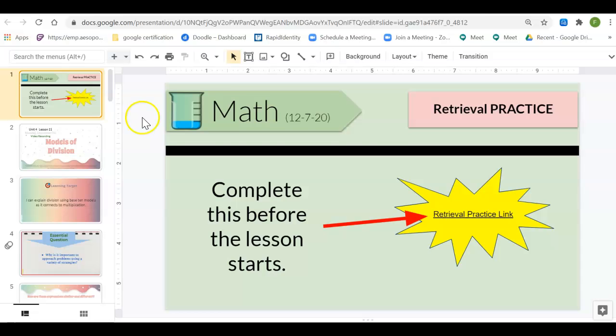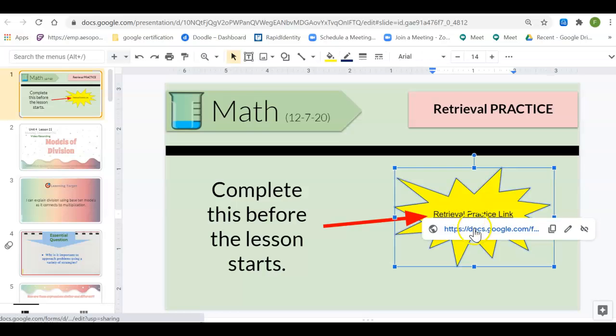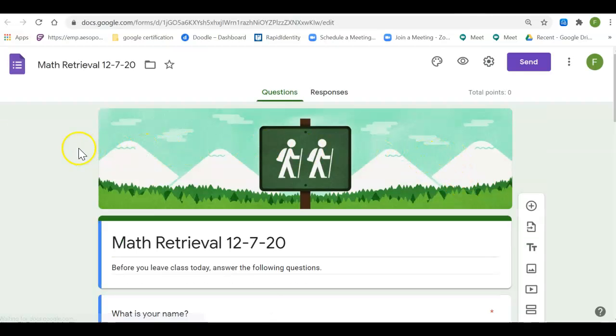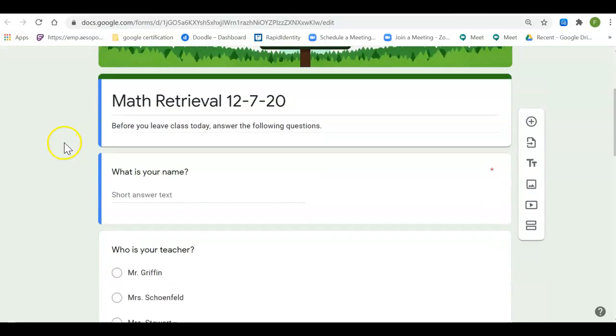Now on the very first slide, you're going to be required to do retrieval practice. I want you to complete that before your actual lessons start. The red arrow is pointing to the retrieval practice link right here. Click on that, and it's going to bring up a form for you to complete.